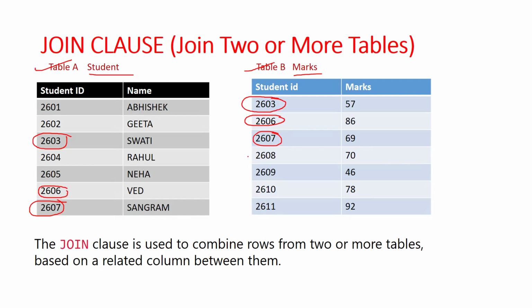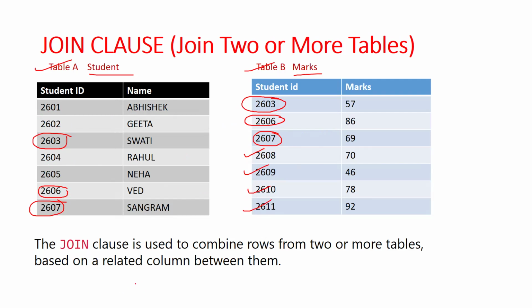But if you see 2608, 2609, 2610, 2611, these IDs are not available in table A. And similarly, vice versa, 2601, 2602, 2604, 2605, that is not reflecting in table B. So here we will understand how we can join both the tables and what command will give what kind of output, what kind of result.